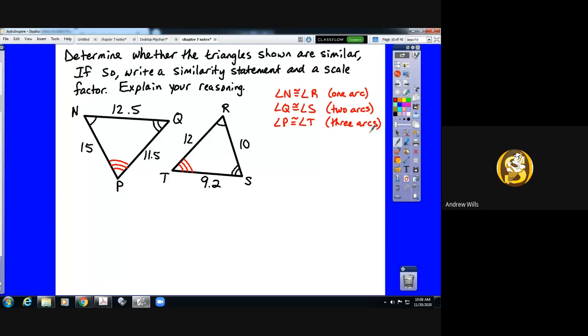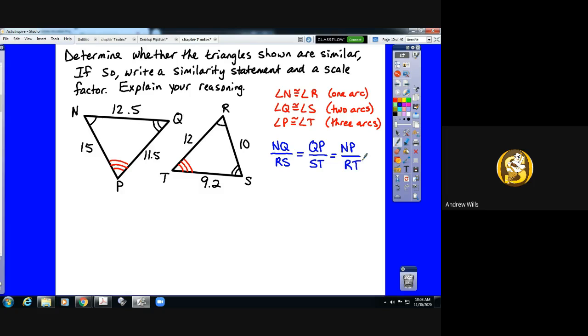The harder part is that we also have to check the proportion. So based on these congruent statements, we would have to say NQ is to RS as QP is to ST as NP is to RT.